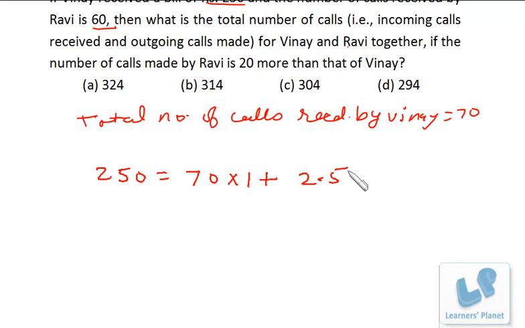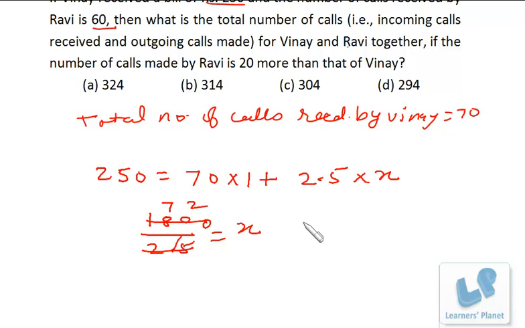Per outgoing call is rupees 2.5 into, suppose he has made x calls. Now we have to calculate the value of x. So it is 250 minus 70, that is 180, divided by 2.5 is equal to x. So x is 72 calls. That means in all Vinay has made 72 outgoing calls.